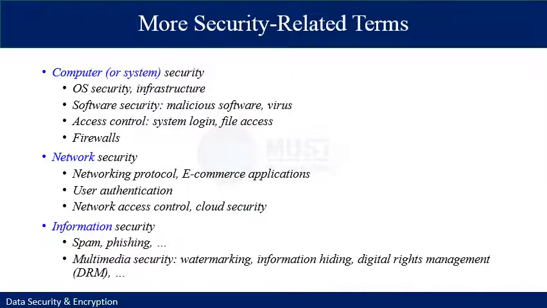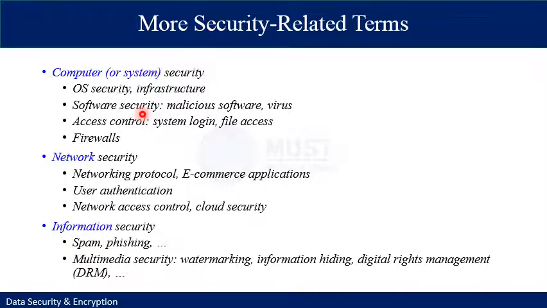So before moving forward, there are more security related terms that are used interchangeably between data communication, data security, information security, or computer security. So one term is called computer security, that deals with the OS security, operating system security, its infrastructure.